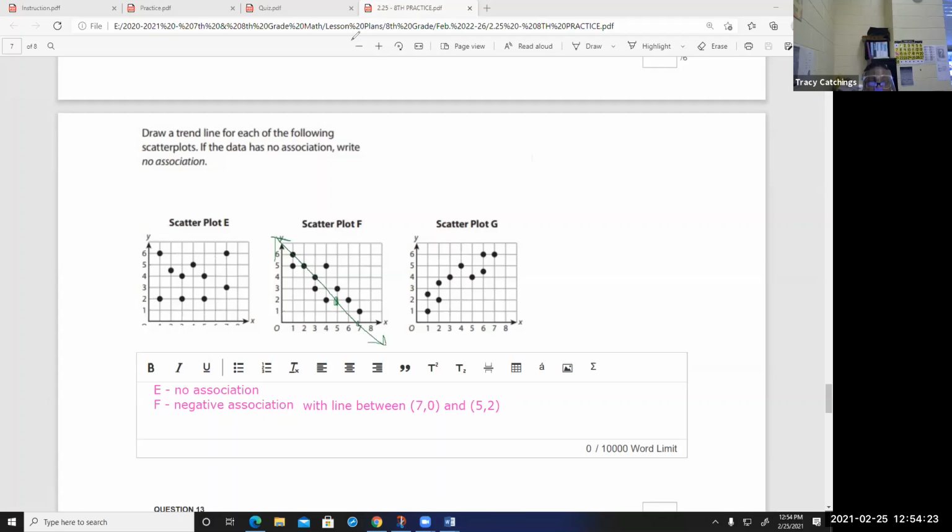All right, looking at G, what kind of association does it have? All right, so we can draw us a line. Now it's not quite touching any, but we can still give some points that it would touch.